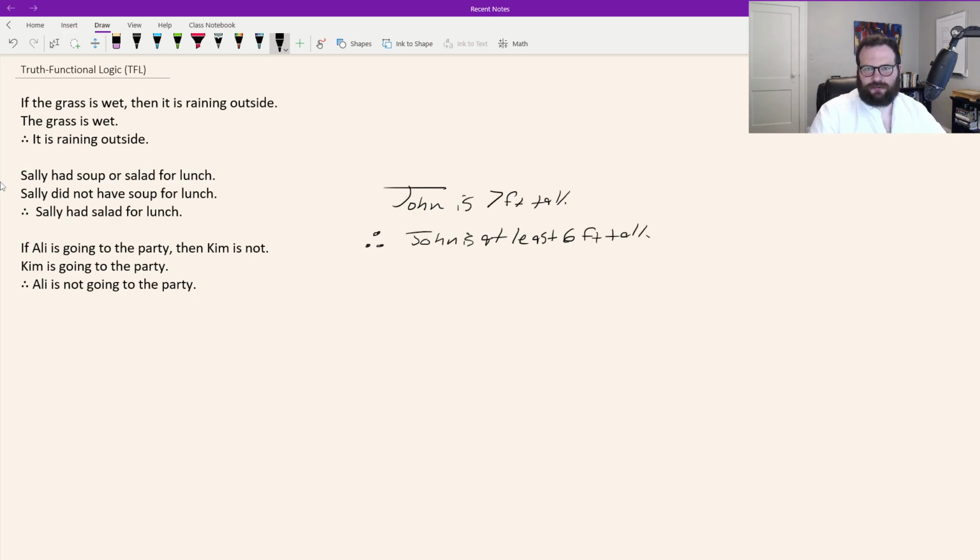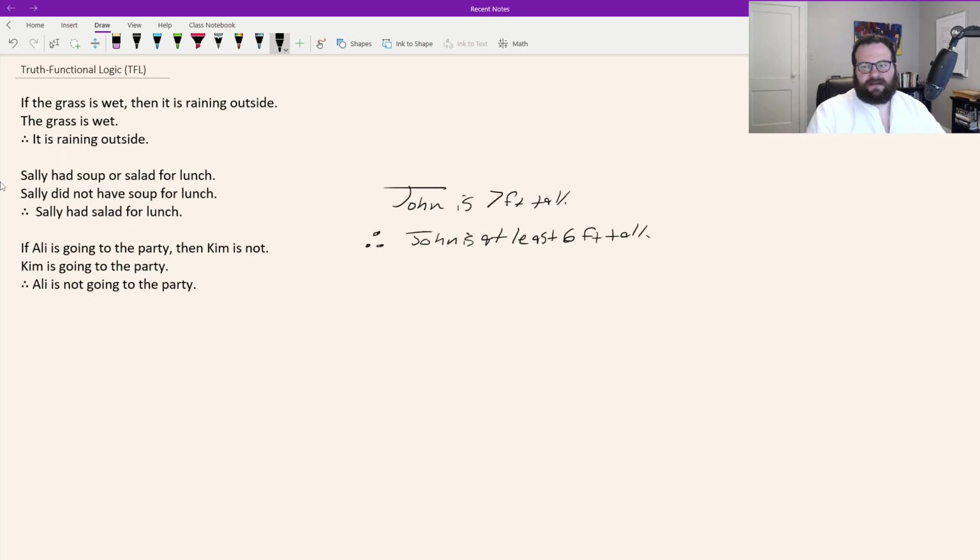Does it follow necessarily that John is at least 6 feet tall? Well, yeah, it does. And so it seems like this argument would be valid. Okay, there are many other arguments like this that are valid because of the meaning of the terms involved. In this case, the understanding that 7 is greater than 6 causes this argument to be valid.